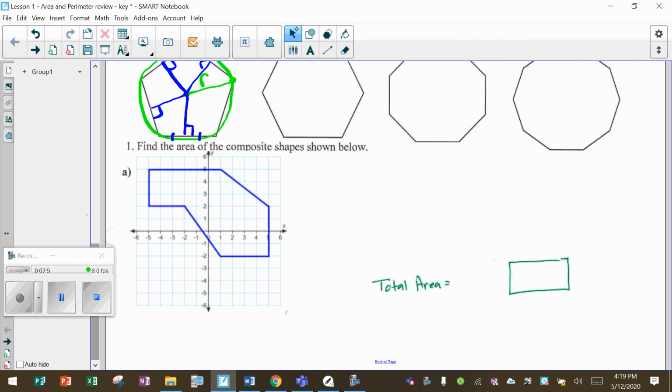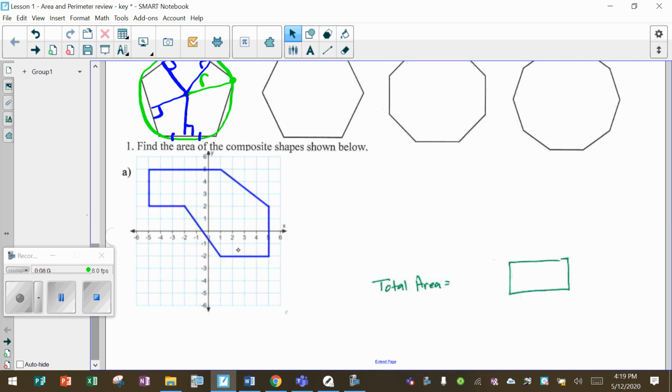So now, we're going to do things that we've done before. We're going to find the area of the composite shapes that are shown in some of these pictures. First thing you want to do is figure out how should I break up this into pieces that are easy to work with.